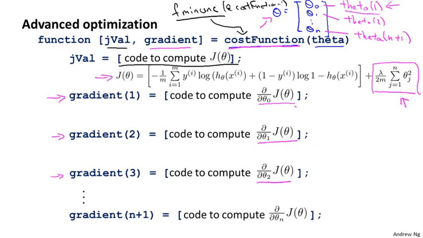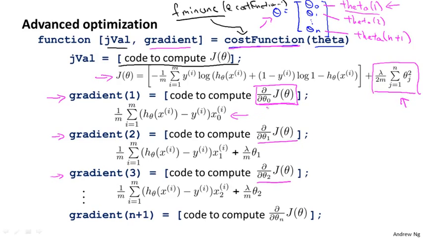Looking at these terms, this term over here we actually worked out on the previous slide. It doesn't change, because the derivative for theta 0 doesn't change compared to the version without regularization. The other terms do change.